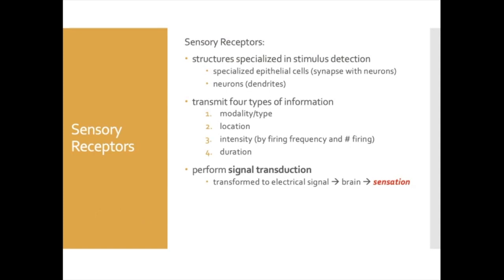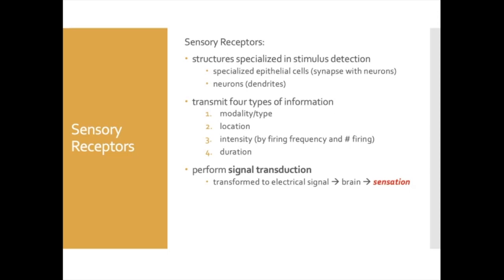So in the lecture we talked about sensory receptors, what they are, and how they transmit information. Remember, your body is covered with these receptors. They are located across all of the surfaces of your body, both external and internal.